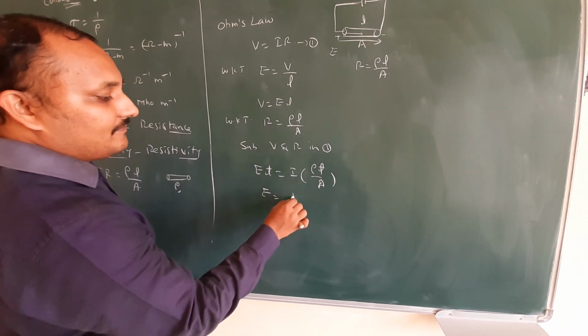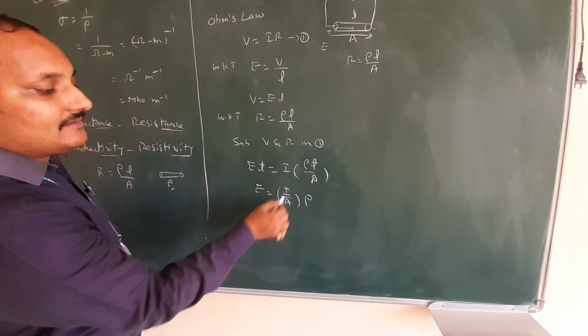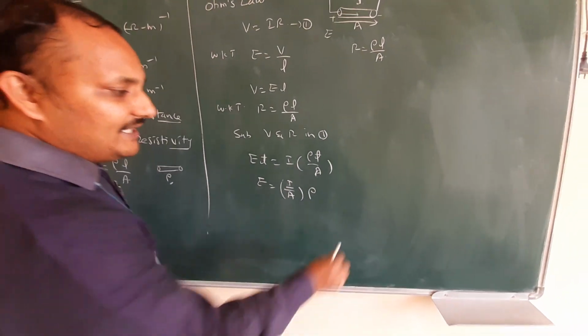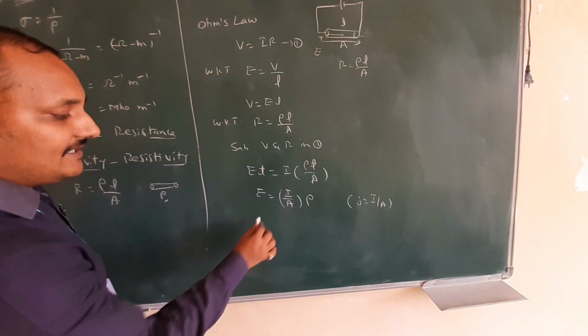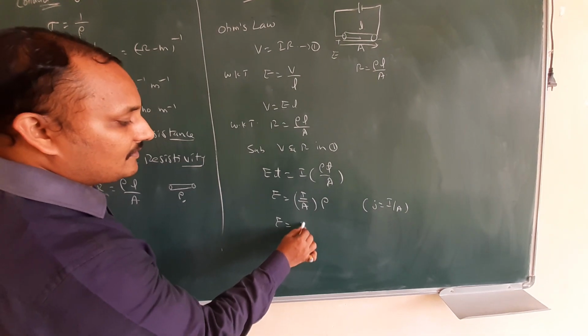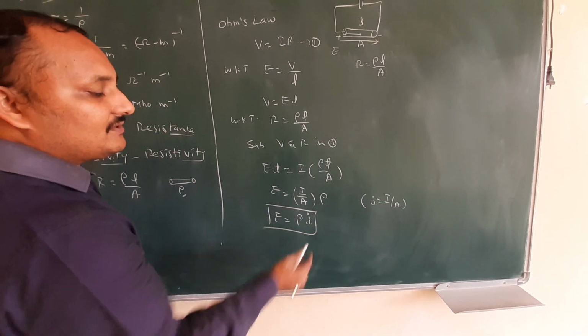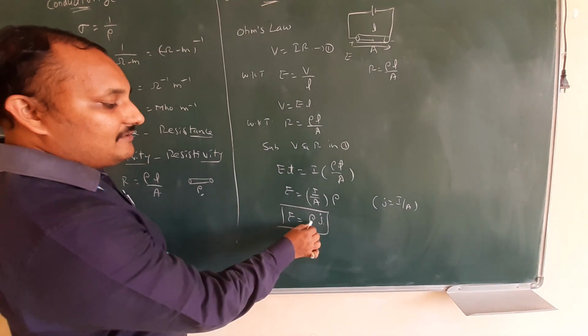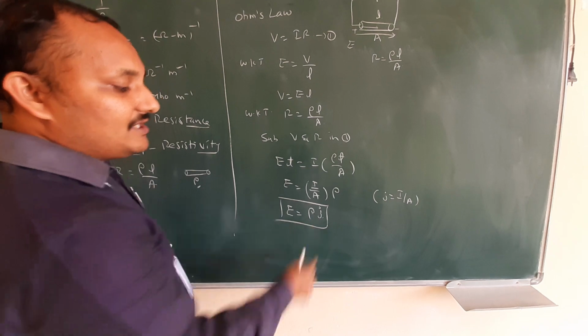E is equal to I by A into rho. What is I by A? Current per unit area, that is nothing but current density. So E is equal to rho J. If you repeat it three times, you will remember this one: E is equal to rho J.